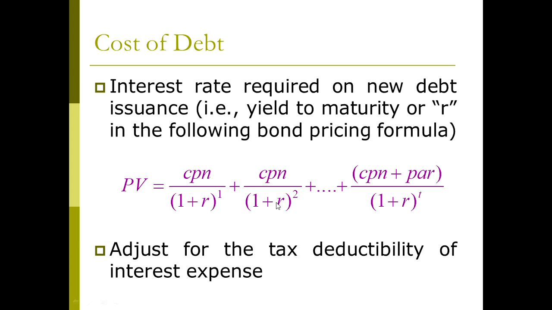This is the yield to maturity, and the yield to maturity is our cost of debt. So when you calculate the cost of debt, all you need to do is to calculate the yield to maturity of that bond. So basically in this chapter we don't really have anything new. It's just a review of all the knowledge we learned before and connecting all of them together.